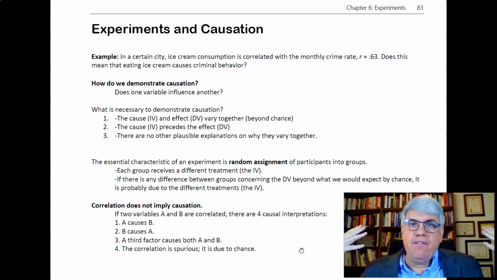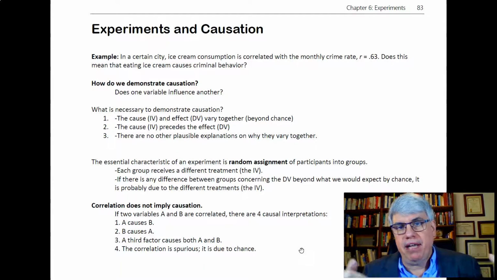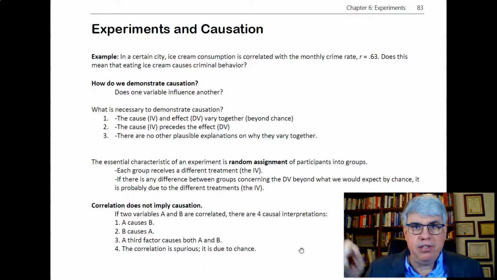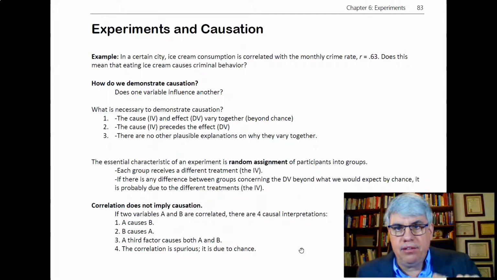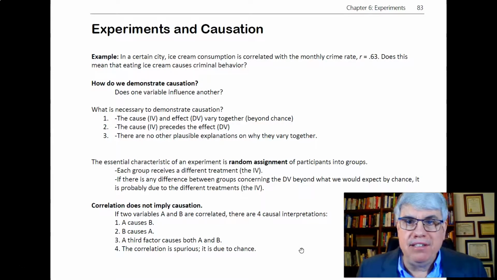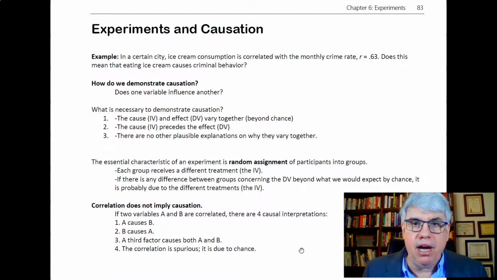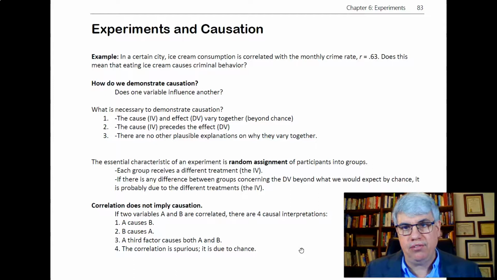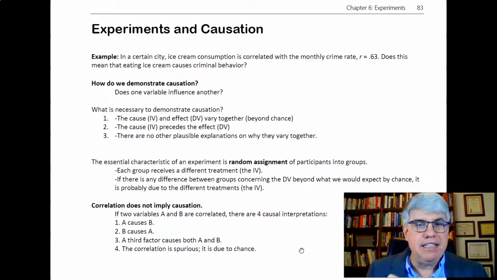We've got like 5 years of data, so we have a data point for each month, about 60 months. We can see that the months that ice cream consumption is high, the crime rate tends to be high too. It's not a perfect correlation. It's R equals 0.63. Does this mean that eating ice cream causes criminal behavior?